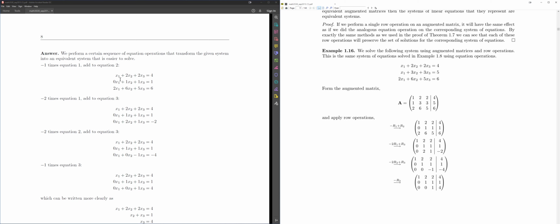When I do that, I'll have minus 2 times the 1 added to this, which gives me a 0, minus 2 times this 2, which gives me minus 4, plus this 6 here would give me 2, right? Minus 2 times this 2, which is minus 4, plus this 5, which gives me 1. And then minus 2 times 4, which is minus 8, plus 6 gives me this minus 2, right? So that's how I get the 2, 1, and minus 2 over here.